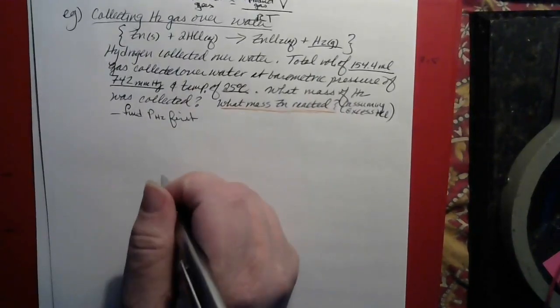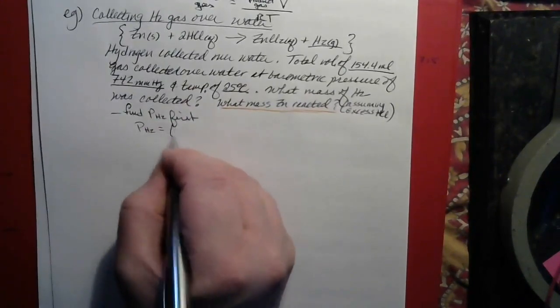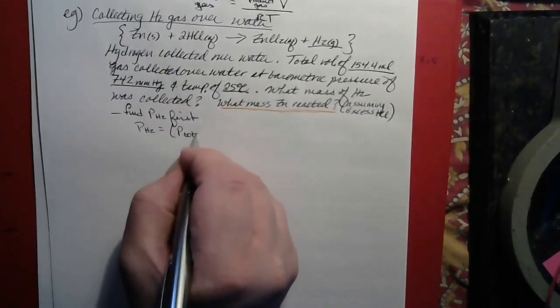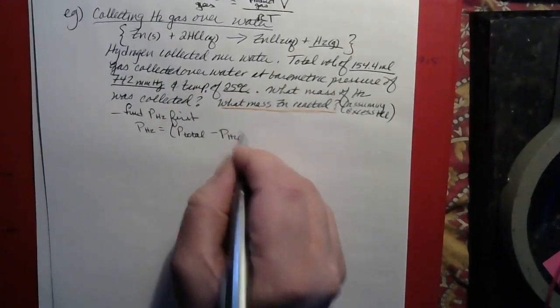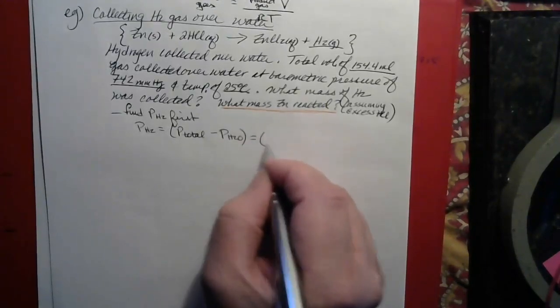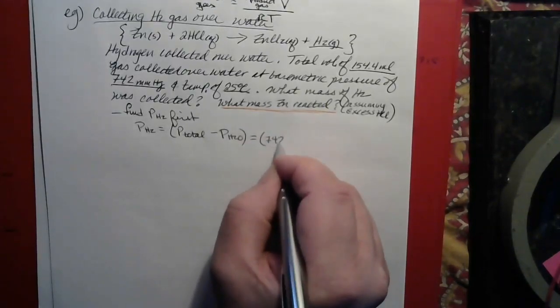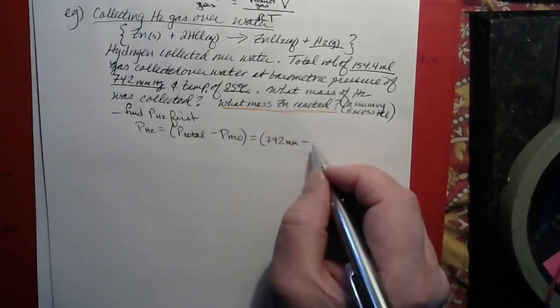what is the partial pressure of hydrogen. So the partial pressure of hydrogen is just going to be the total pressure minus the partial pressure of water. The total pressure here, according to the problem, was 742 millimeters of mercury.